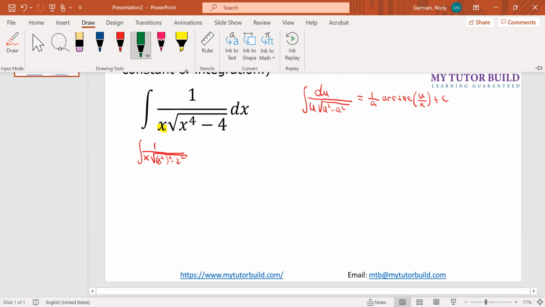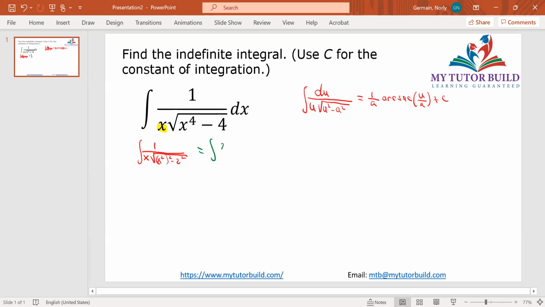So we have 2x dx. Of course, there was supposed to be a dx here. 2x dx over, we multiply 2x times x, and we had x squared power 2, because power 4 is x squared power 2.